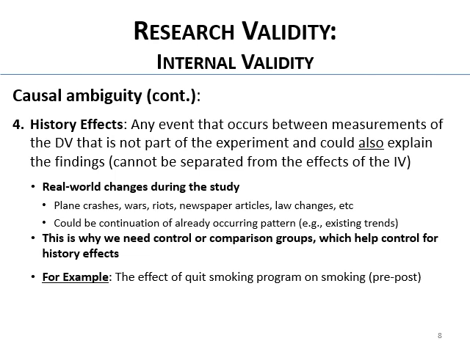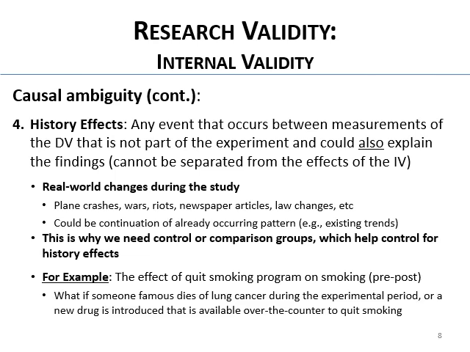So for example, let's say you're looking at the effects of a quit smoking program on smoking, and it's a pre-post design, so you measure them before and after the smoking program. But what if someone famous dies of lung cancer during the experimental period, or a new drug's introduced that's over the counter that helps people quit smoking, or some big study comes out about some new cancer that's caused by smoking?